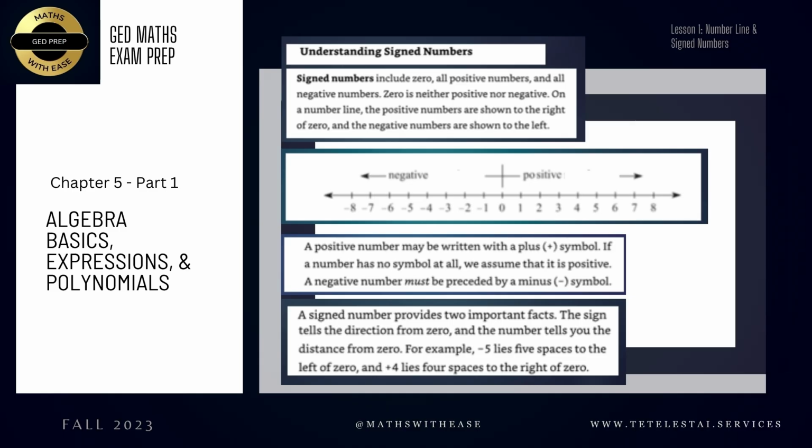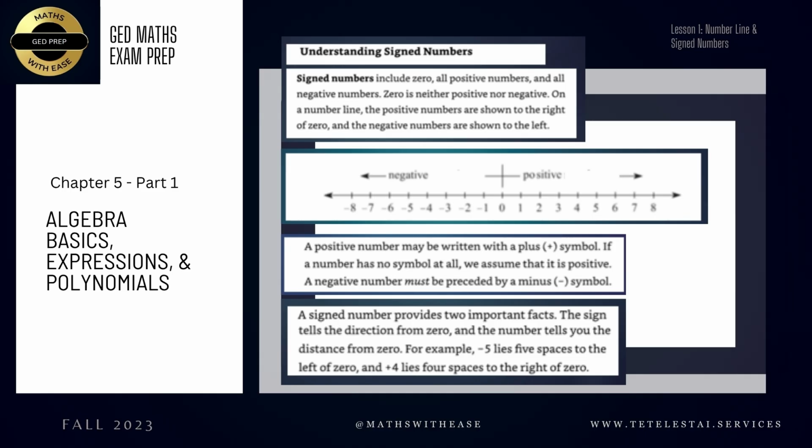A positive number can be written with a plus symbol. And if a number has no symbol at all, we just assume that it's positive. A negative number will always have a minus sign preceding it. So if you're representing a negative quantity, there are no assumptions made. You always have to precede that number with a negative symbol.